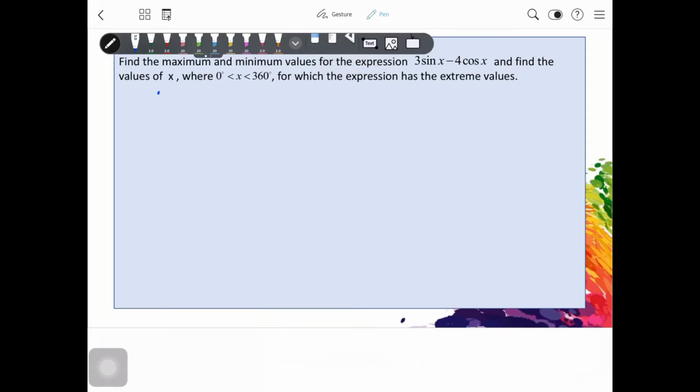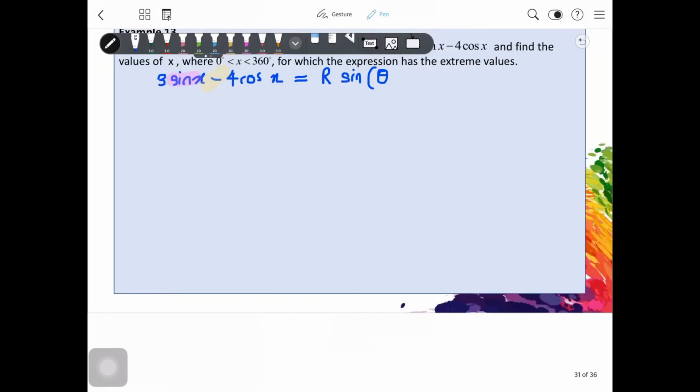So recall how we do R form: 3 sine x minus 4 cos x. Since they didn't give any hint what we're supposed to do, I will write R sine, because the first term here is sine. Now I will write theta, and I will use minus because of this sign here: minus alpha.